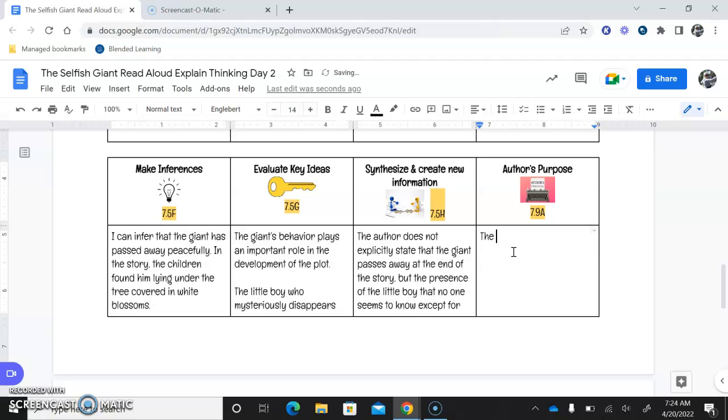The author wrote this story to tell about a selfish giant who acknowledges, means he admits, how his behavior not only affected himself, but others as well.